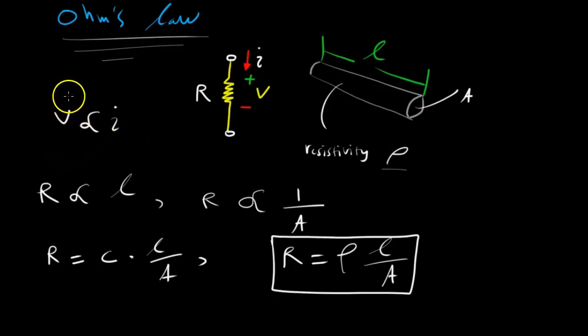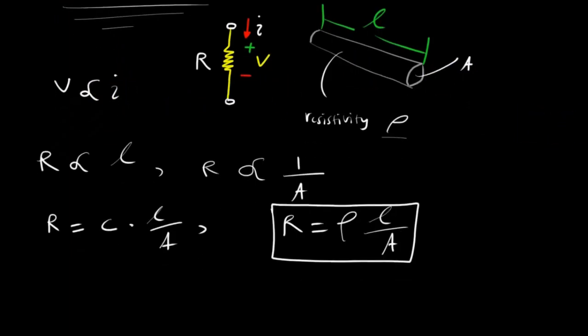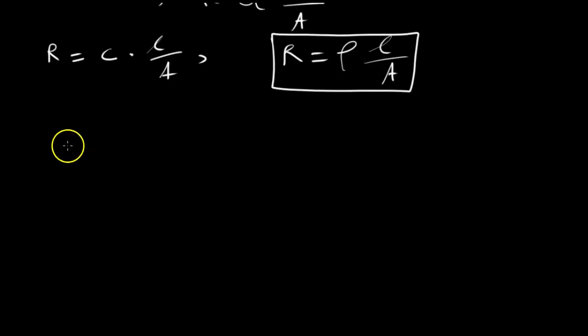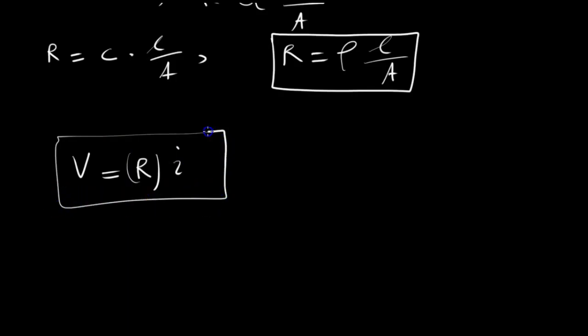So if you increase the voltage, the current's going to increase also. And that constant of proportionality that Mr. Simon Ohm found was the resistance. That's the constant of proportionality. So that is Ohm's law right there.